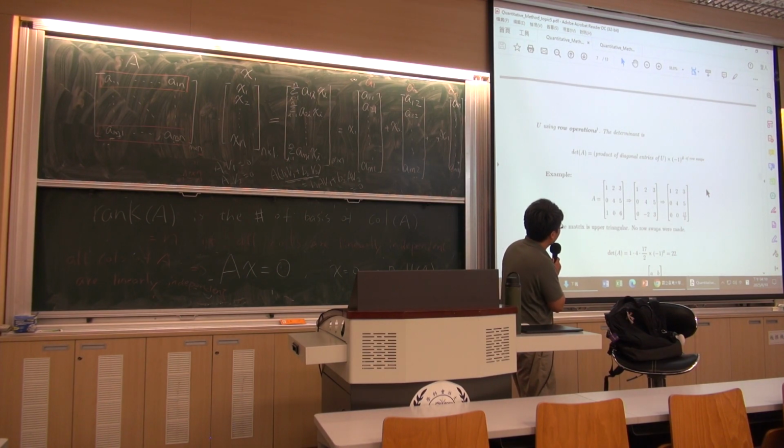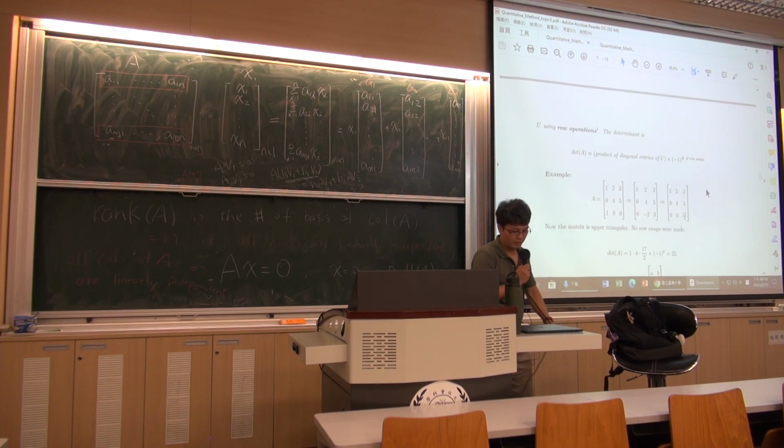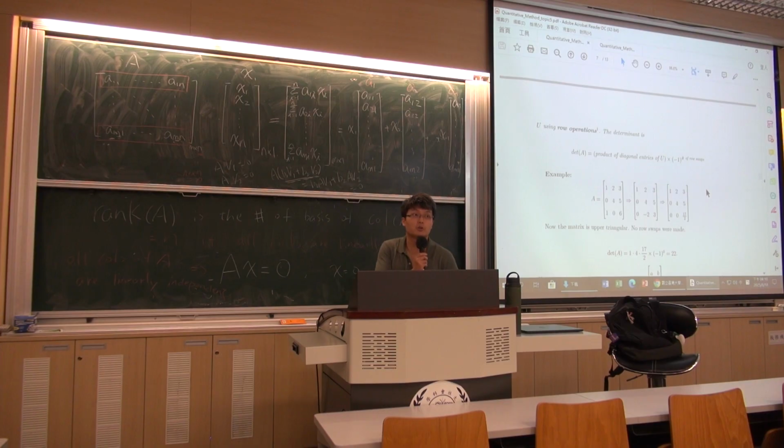So we are going to do row operations, which means you can multiply one row by some number and then add it to another row. So I'm going to show you here.